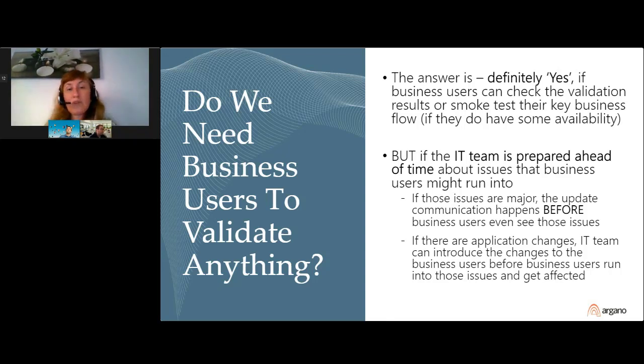And the other part of it is that if the IT team is prepared ahead of time, right? First, if there were major issues to business processes, you would learn about them from, for example, automated tests before end users see them, which means that end users will not be disturbed that much.